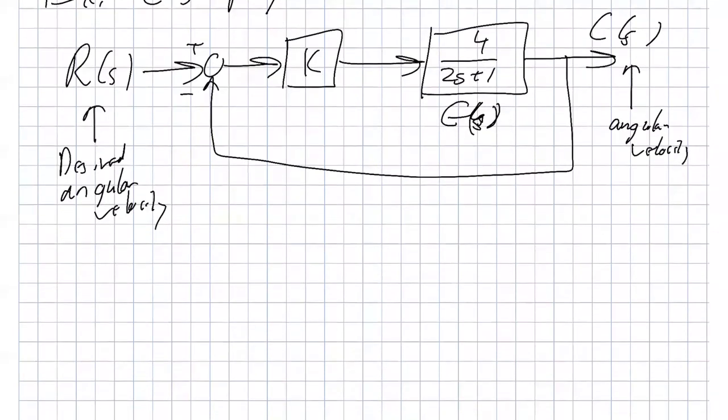Eventually we're going to find the closed loop poles from the open loop transfer function. But for right now, let's just go ahead and find the closed loop transfer function.